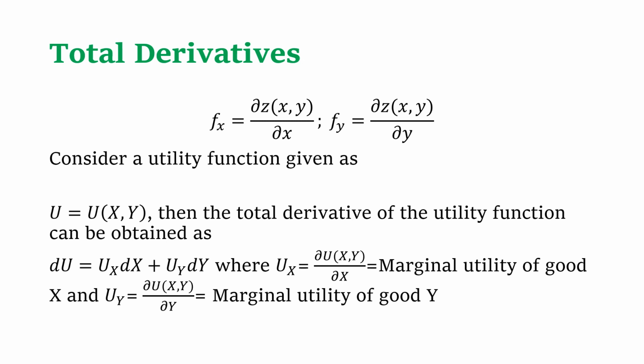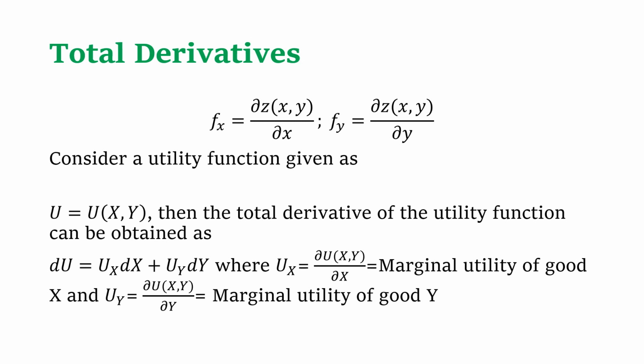Now let us consider a utility function given as u equals u(x,y). Then how do we get the total derivative here? As I said earlier, du equals u_x, which is the partial of u(x,y) with respect to x, dx, and then u_y.